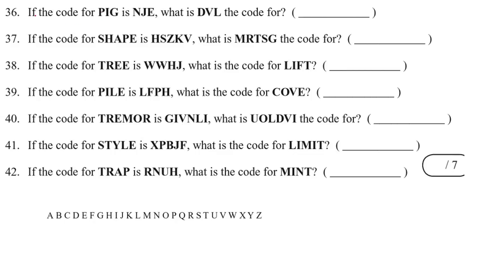So I want to see, if the code for pig is NJG, what is DVL the code for? You've got to be careful here. Previously this was the word and they gave me the code. Here they've given me the code and they want the word.